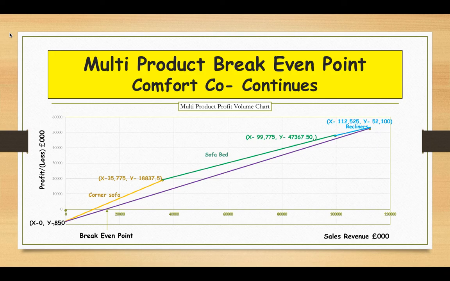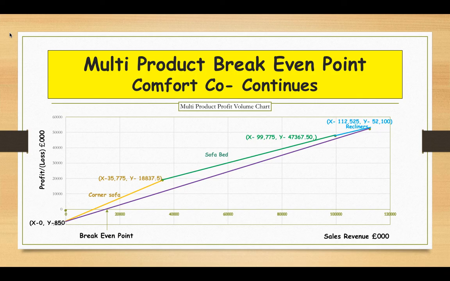So corner sofas came first, sofa beds second, and finally the recliner sofas. So we are going to assume that the products are sold in the order of highest contribution to sales ratio. So now we are going to use our step 2, which is the table we have calculated in our previous slide. So that is our cumulative profit or loss and the cumulative revenue.